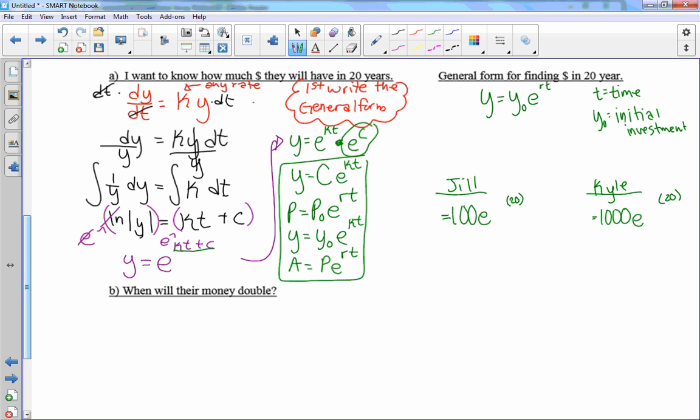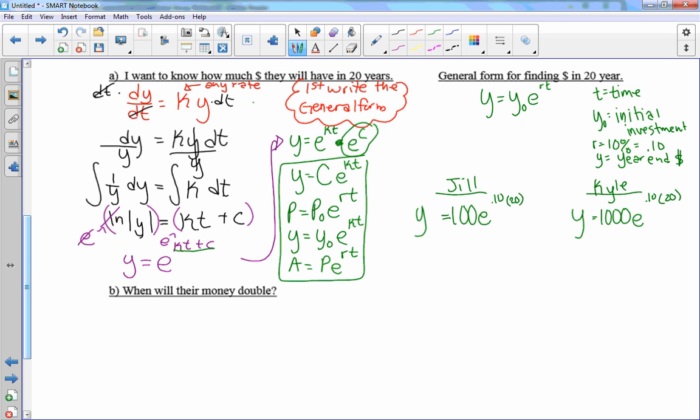Yeah, we know the rate is 10%, but we can't just type in 10%. We have to write it in decimal form, which is 0.10. And this will give us y. What does y represent? Yeah, or year-end money.